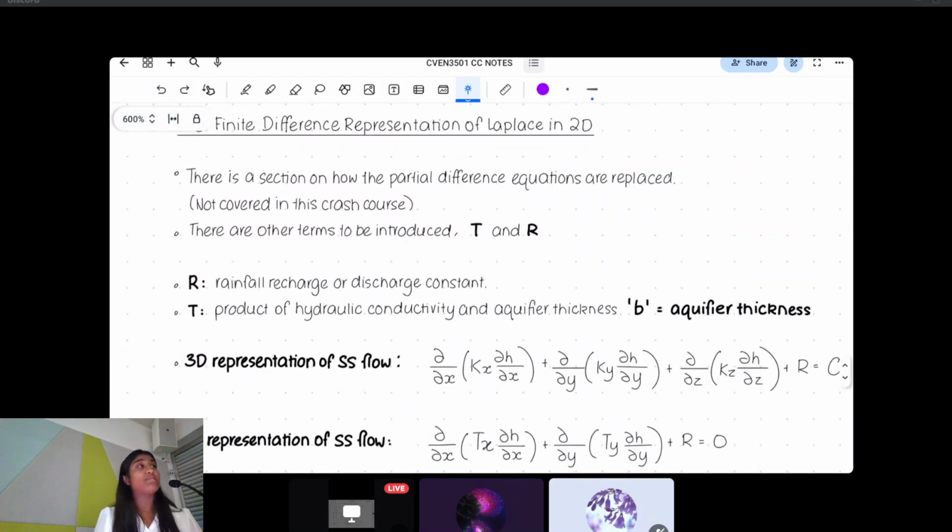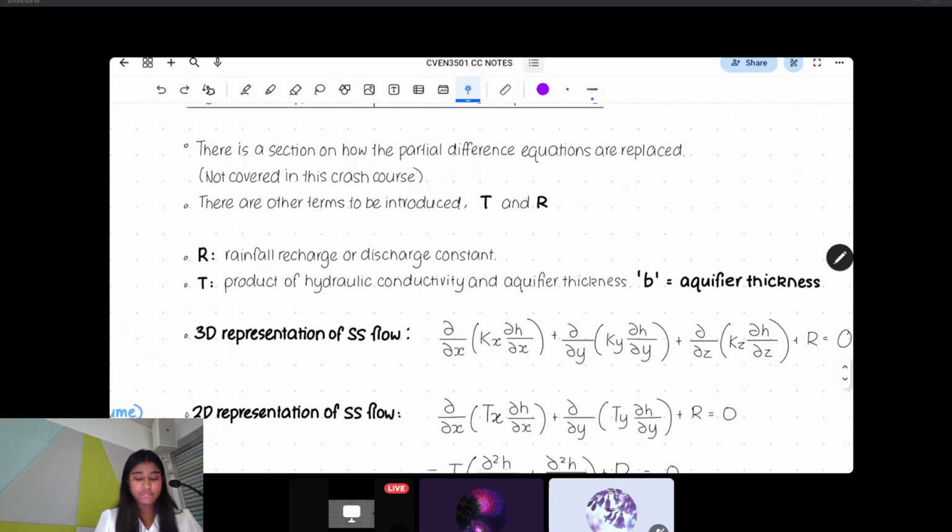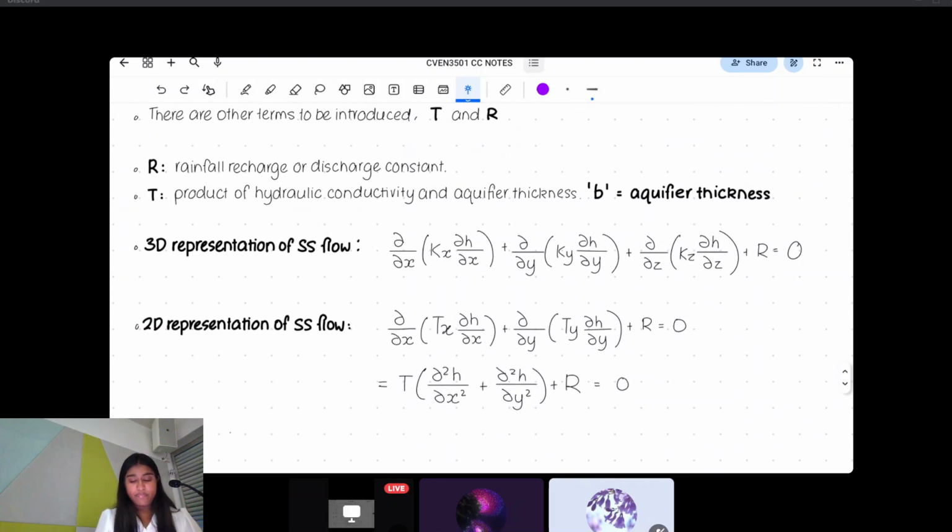The only other terms that you need to know are T and R. So, like I said, there's a section on how the partial differential equations are replaced. And the new equations will include R and T. So R is just your rainfall discharge or recharge constant.